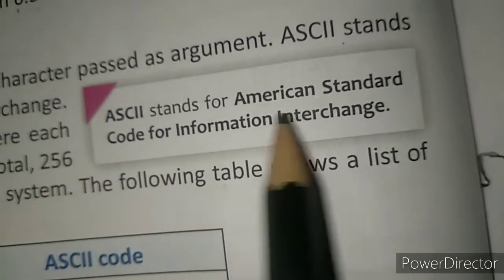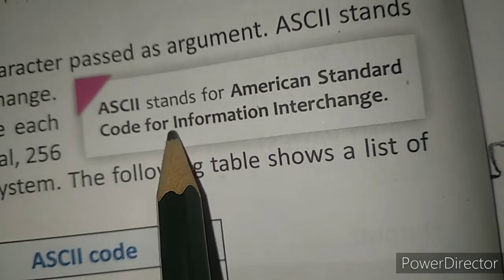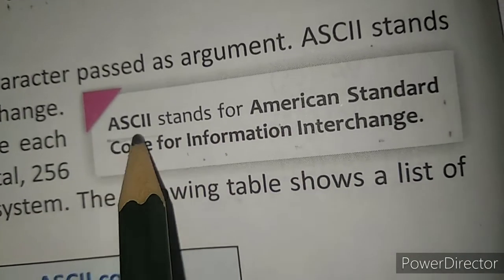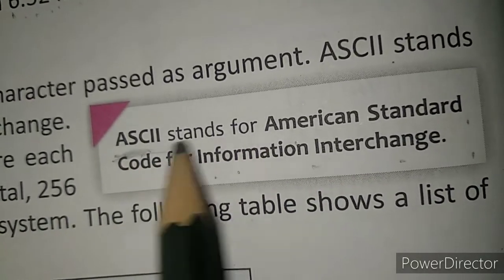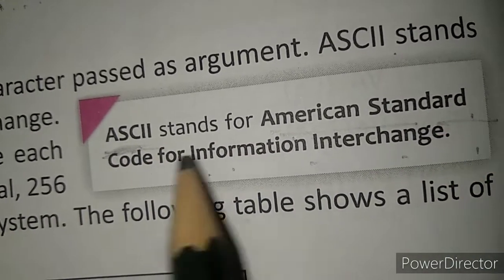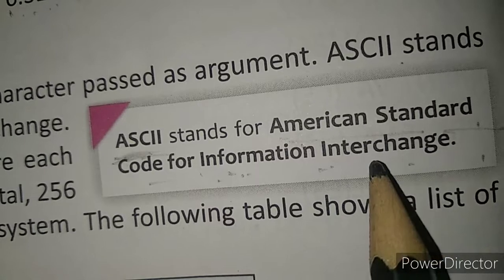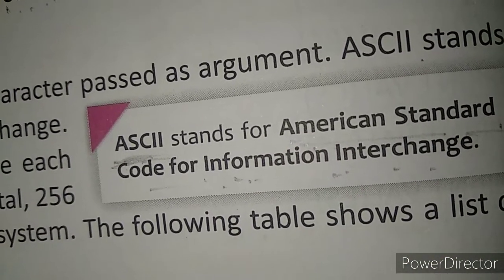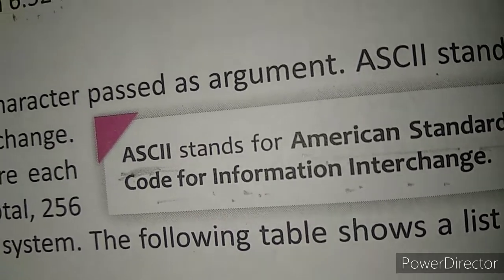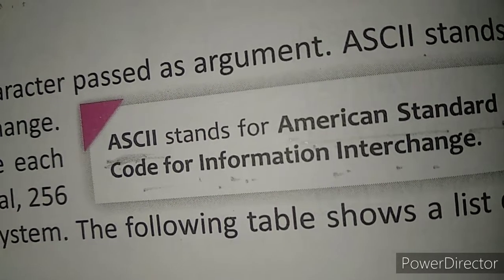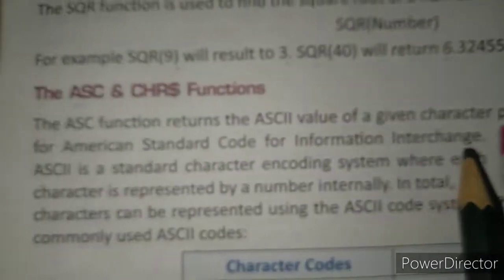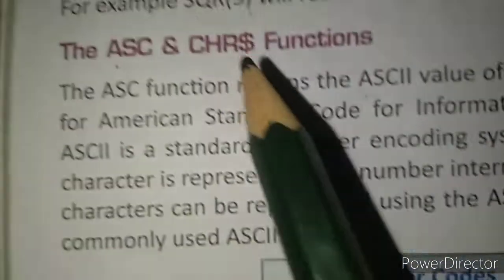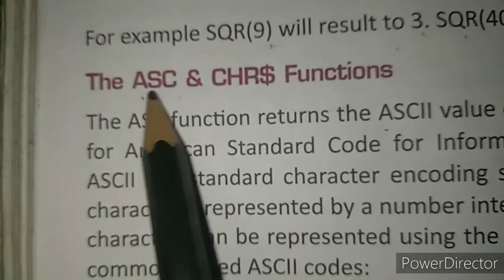The full form of ASCII is American Standard Code for Information Interchange. So each character or number is represented by a special code, and if you want to know the ASCII number of a character, we use the ASC function.